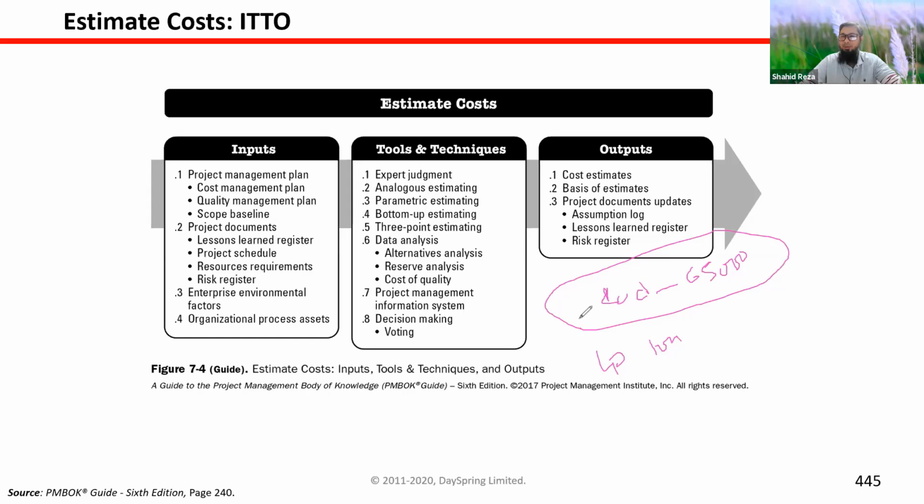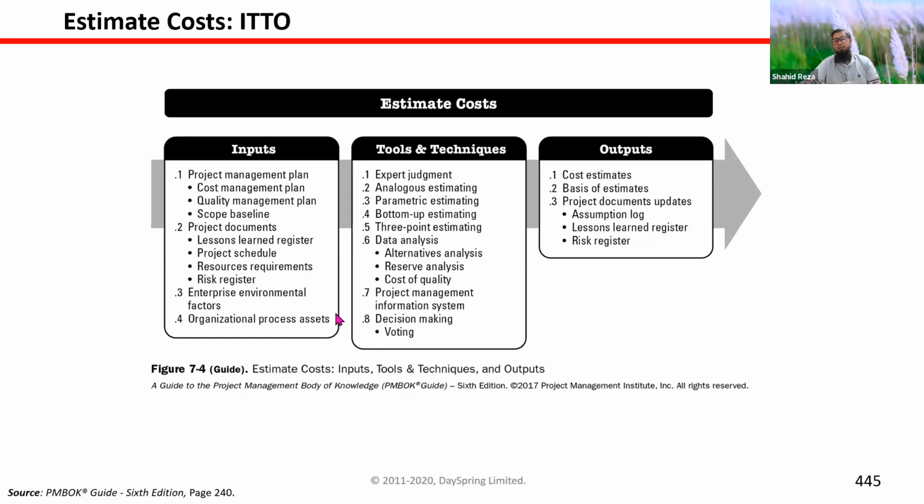From the vendor, the supplier, or the hardware shop. So that pricing, that invoice, that bill should support you. That is known as basis of estimates: based on what you have estimated the cost for each and every activity. These two are the main outputs from this estimate cost process.